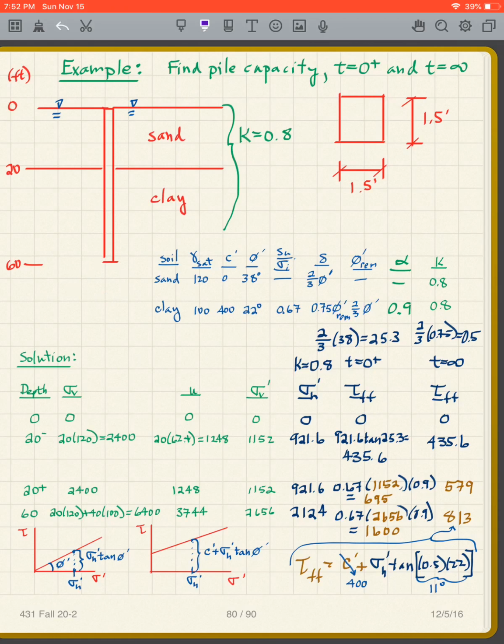Because we haven't done all this remolding of the clay, and we're not relying on shear. See, this delta is for shear, right? This is tip. We're talking about the tip resistance down here, not shear. So we are going to use 22 degrees now in our chart.